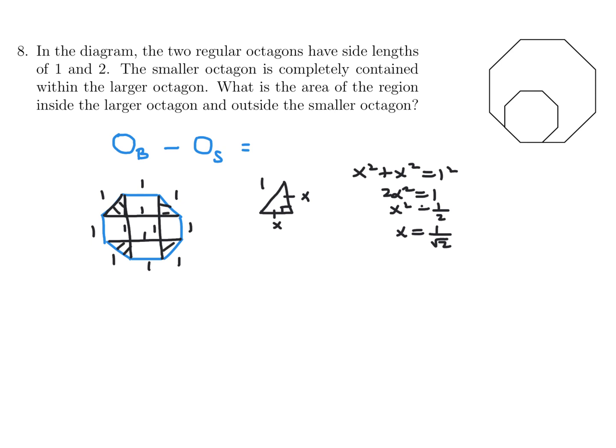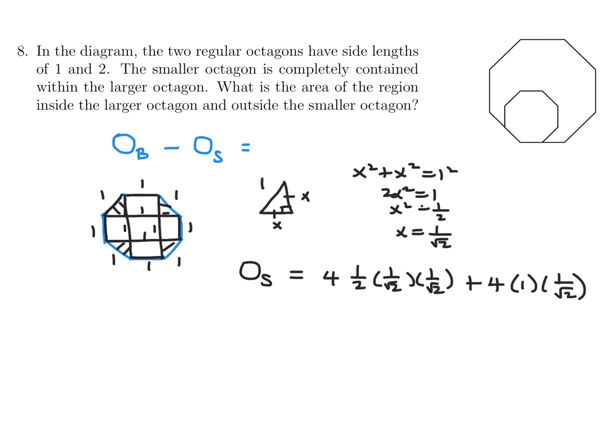So the small octagon: we have 4 of those triangles, and each of them has 1/2 base times height, where the base is 1/√2 and the height is 1/√2. Right? And then we have another 4 of these rectangles actually. So we have 4 times base times height, and it'll be 1 times 1 over root 2, I believe.